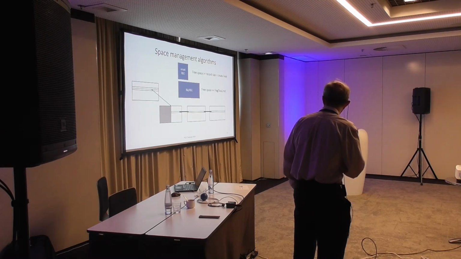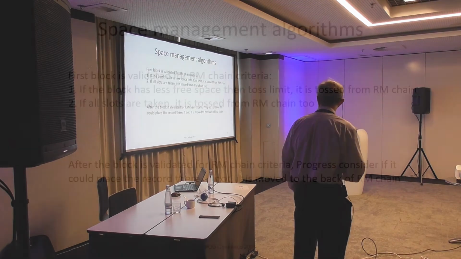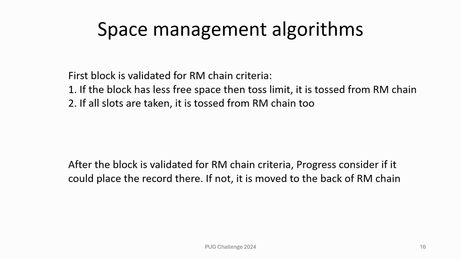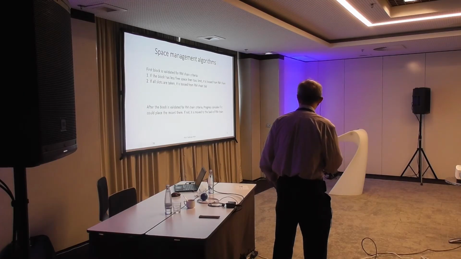But before Progress puts a record into the block, it needs to do some kind of cleaning. So the very first thing, it checks if the block has enough space using the toss limit. Remember these two fields that I pointed at the beginning of the presentation in the block header? So it will check if the free space is bigger than the toss limit, or at least the same, and it has enough slots.